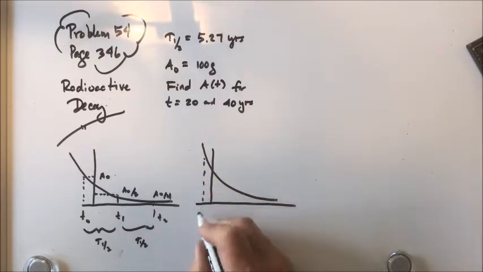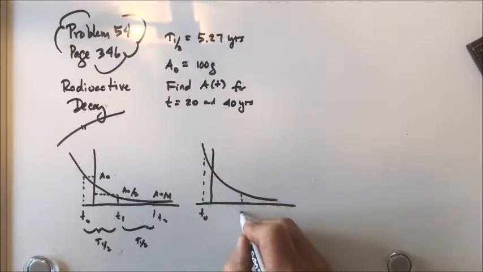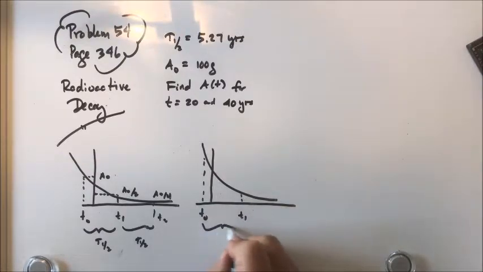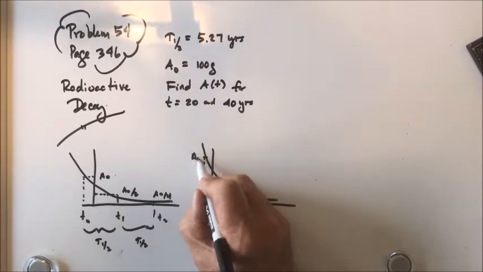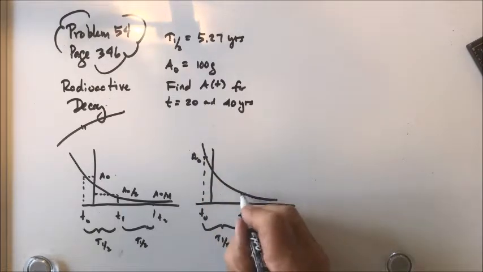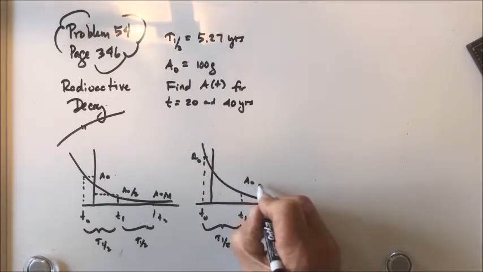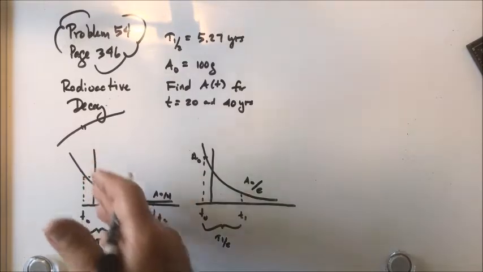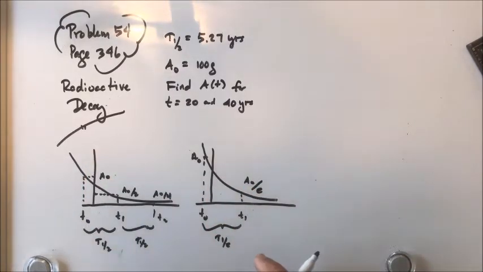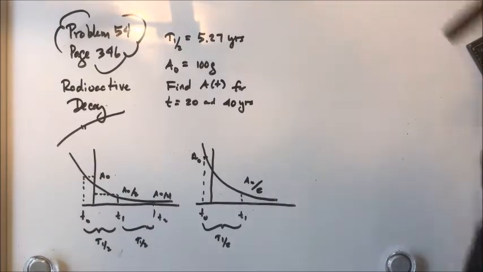Same idea as the half-life. Here's tau 0, here's tau 1 in this case. Only the e-folding time, often written tau sub 1/e, is such that if this is a0, after one e-folding time this drops by a factor of e, 2.72. Same idea: factor of 2, factor of 1/e.